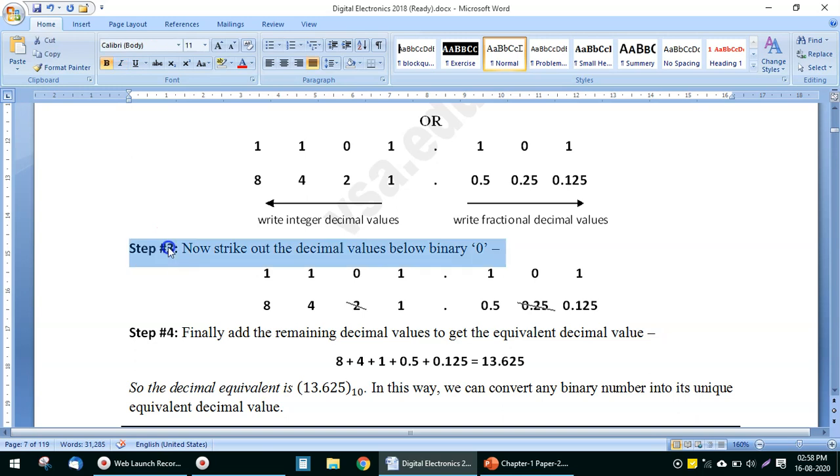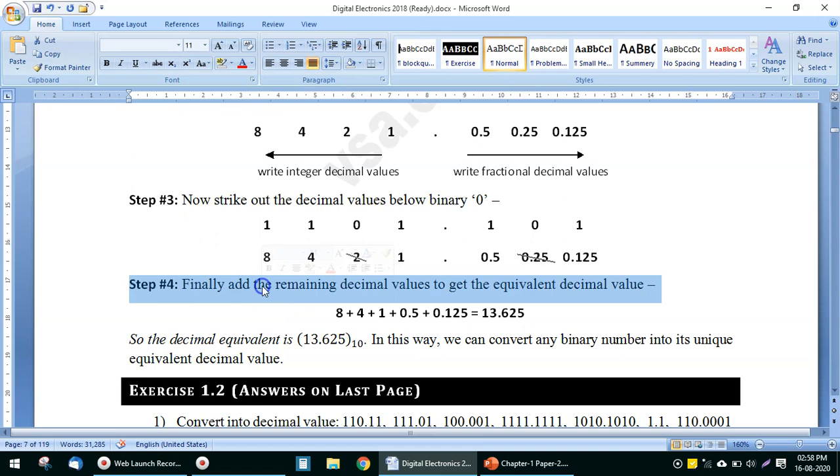It is written over here that in step 3 you have to strike out the decimal values occurring below binary 0. So here we have scratched out 2 because it is appearing below binary 0, and here we have scratched out 0.25 because it is occurring below binary 0.